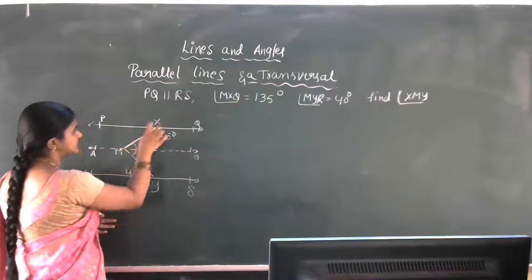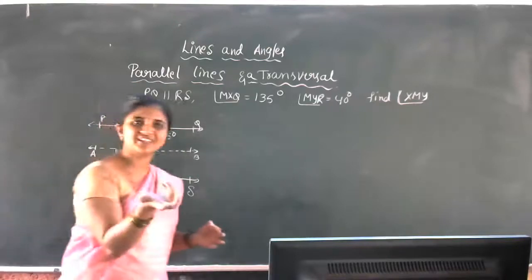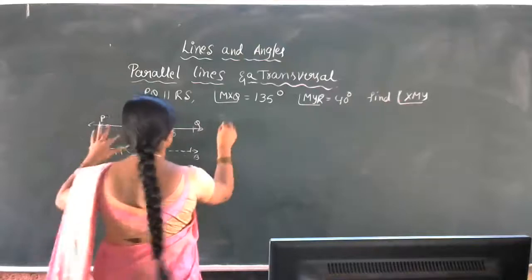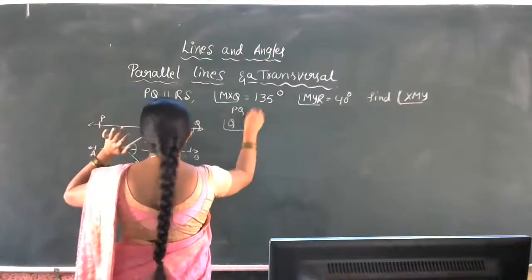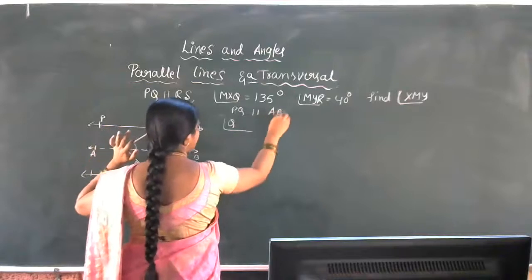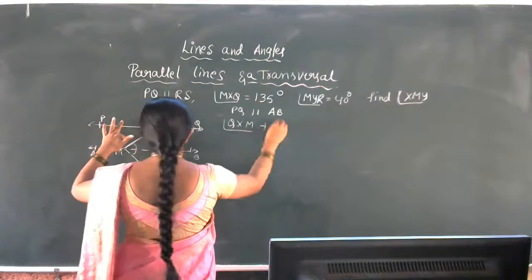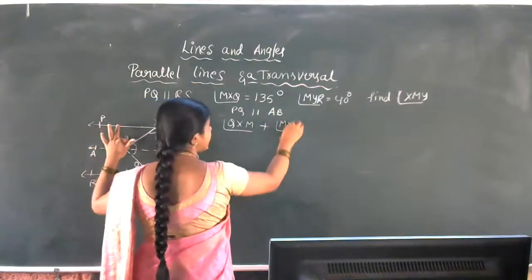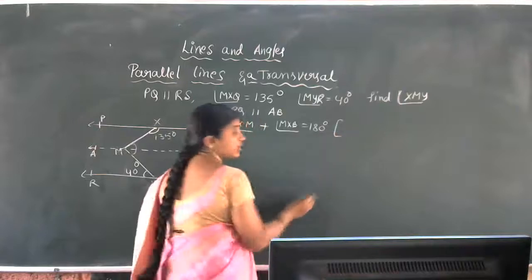QXM plus XMB is equal to 180 degrees, interior angles on the same side of the transversal. Let us take PQ line is parallel to AB line. That's why angle QXM plus angle XMB is equal to 180 degrees. What is the reason for this?